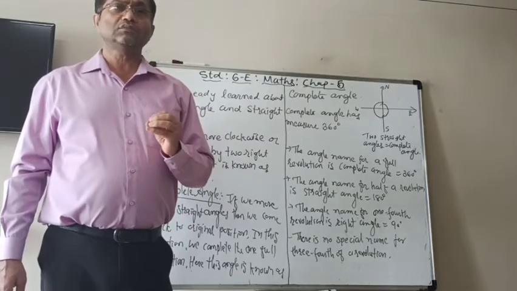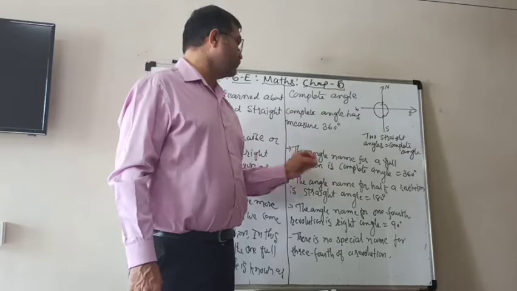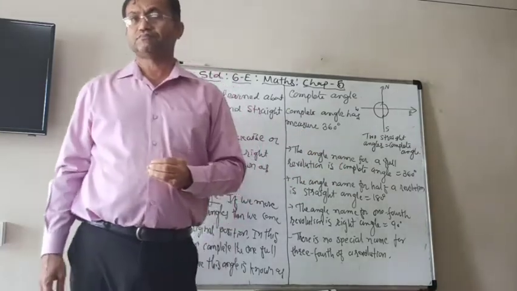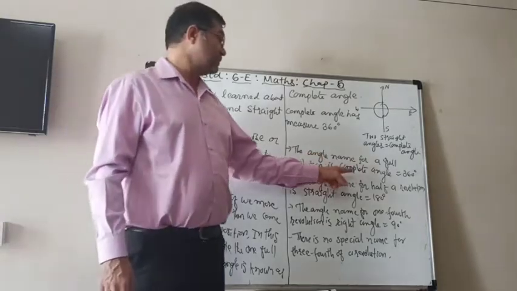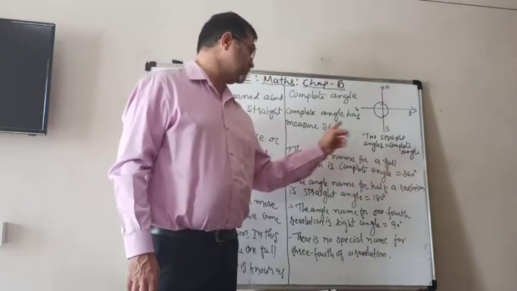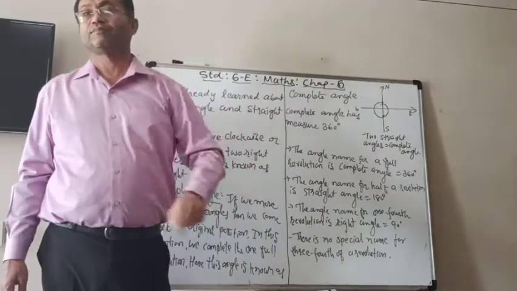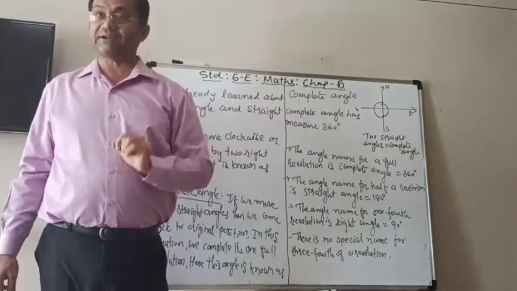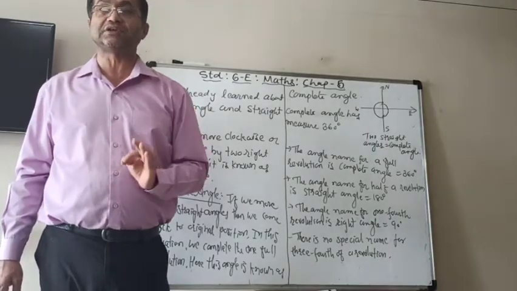So when you finish a full revolution, it is a complete angle, and the angle measure is 360 degrees. So the angle name for a full revolution is a complete angle, and the measure is 360 degrees.